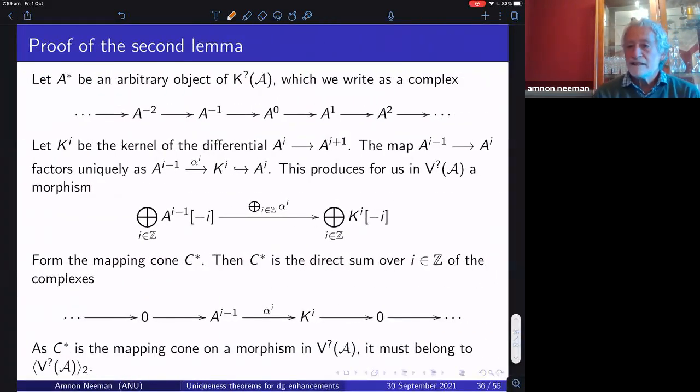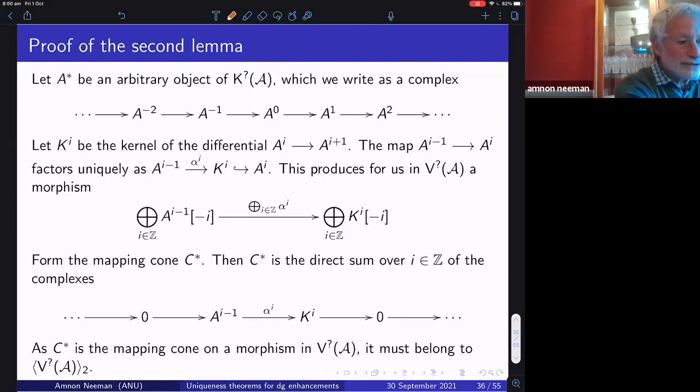Well, I take any cochain complex. I let Ki be the kernel of the map from Ai to Ai plus 1. It's just a definition. The map from Ai minus 1 to Ai must factor through Ki.